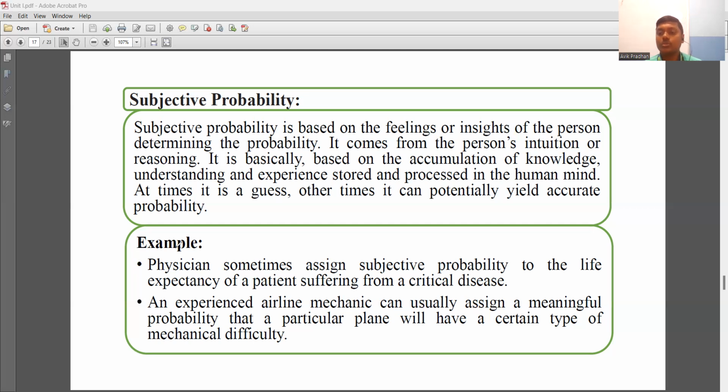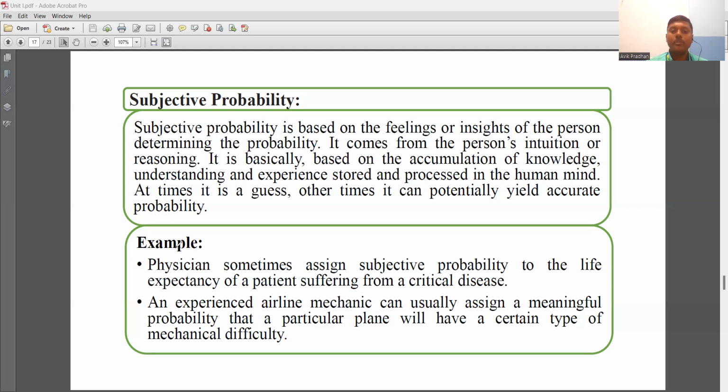That probability does not come from a definition related to mathematics. It comes from the experience, knowledge, and understanding of that particular doctor, and that probability can vary from person to person.